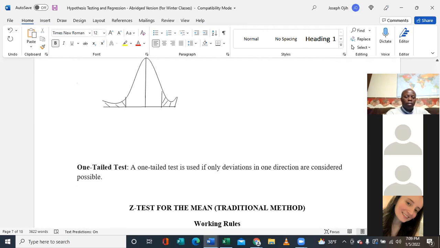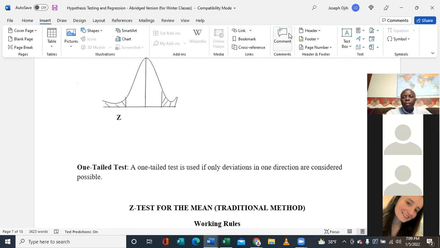So the left tail here has Z alpha over 2, because it has two tails, so alpha over 2.